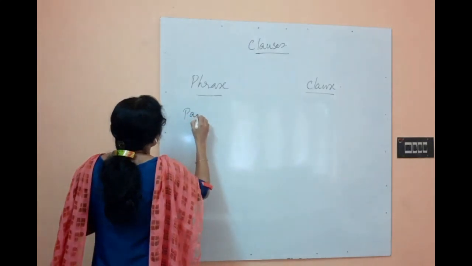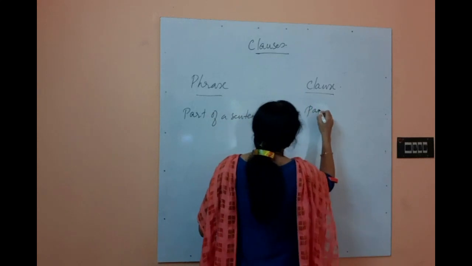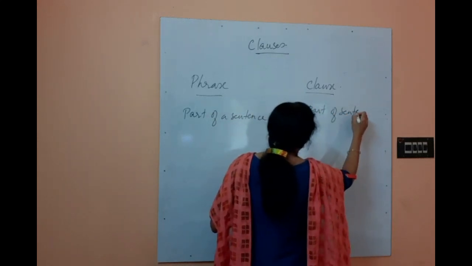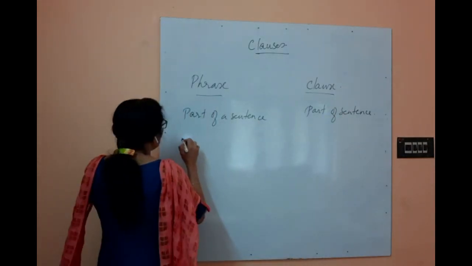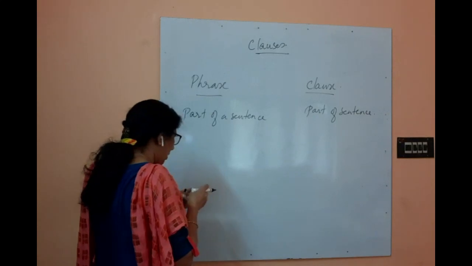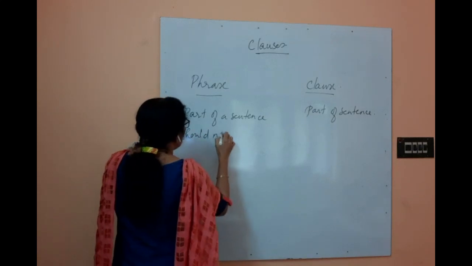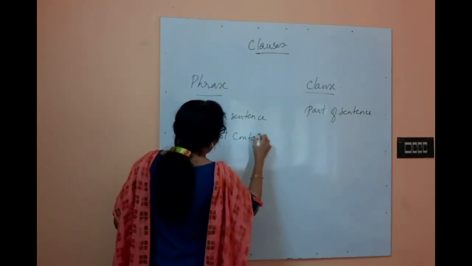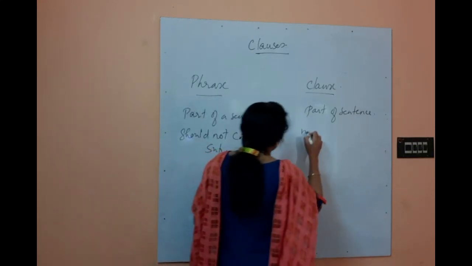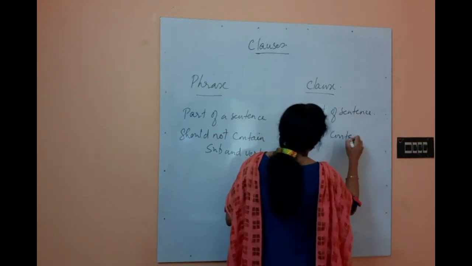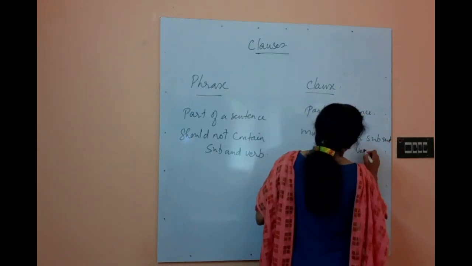Phrase: part of a sentence. Here also it is the same, there is no change in this one. Normally we write the differences only, but here it is the same, part of a sentence. Next one: a phrase should not contain a subject and verb, while a clause must contain a subject and verb.